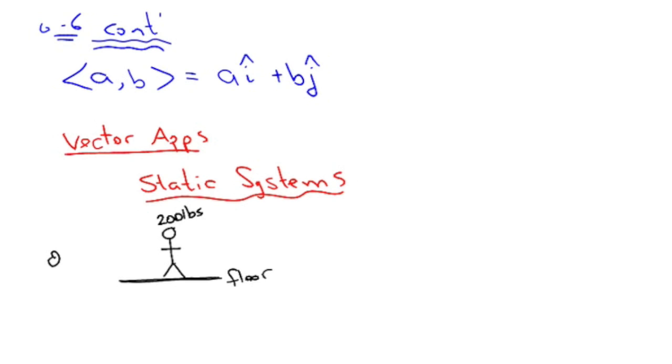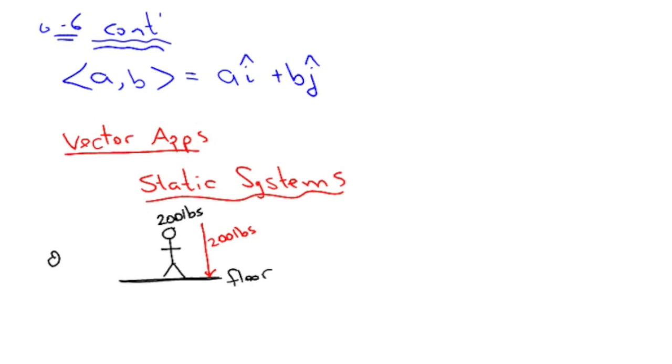The force of you standing on the floor. First of all, which way would the vector be pointing? Down. And its magnitude would be? 200. So that's all we need to know about that vector. It's facing straight down, and it has a magnitude of 200 pounds.